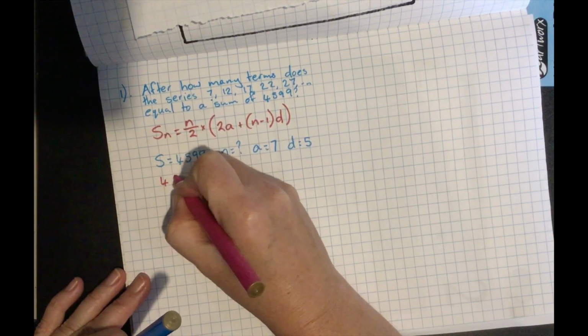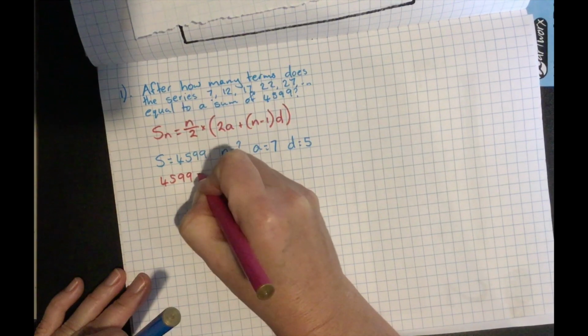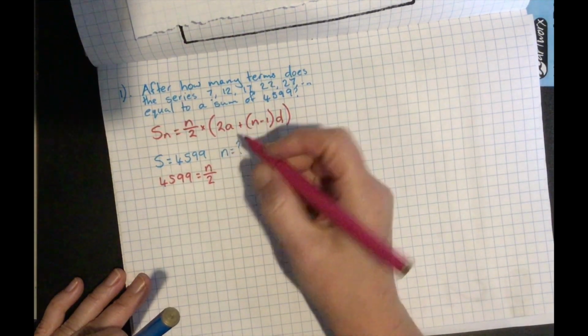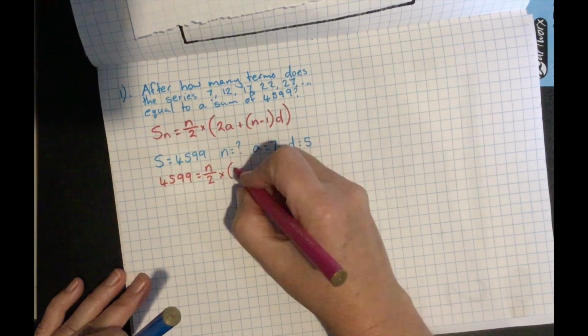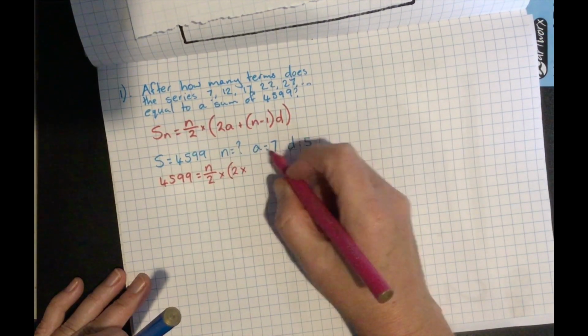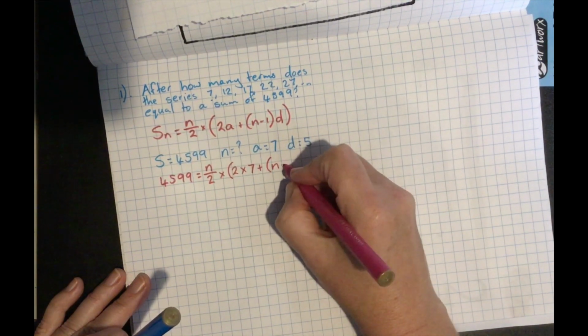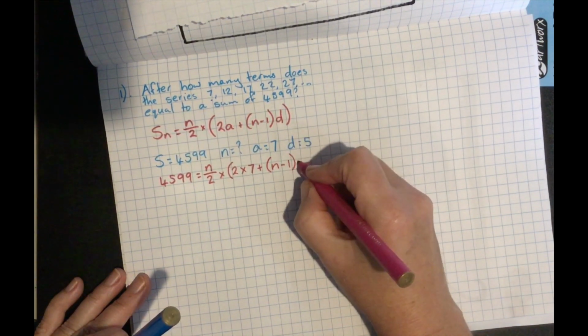We have 4,599 equals n divided by 2, because n is still unknown, times 2 times, well, a is 7, so I'll put that in there, plus n, still unknown, times 5.